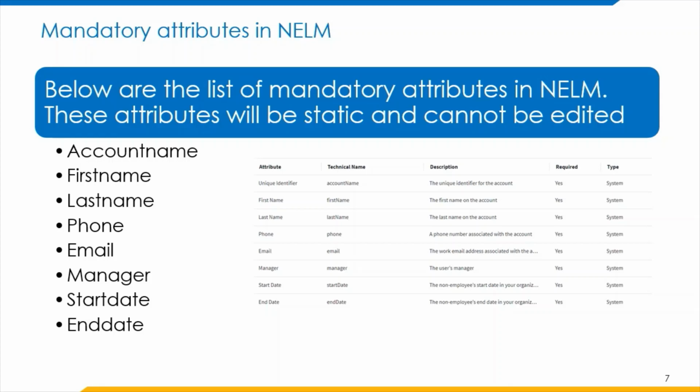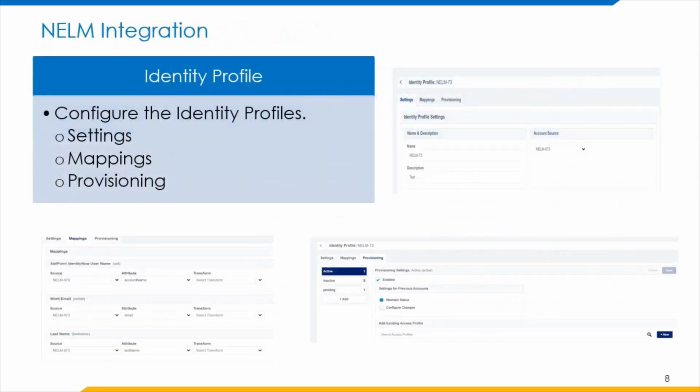Coming to the next slide, identity profile. Identity Now prioritizes identity profiles based on the order they were created. The earlier an identity profile is created, the higher its priority. If an identity exists on more than one authoritative source, the highest priority profile will be used to calculate their identity attribute values.